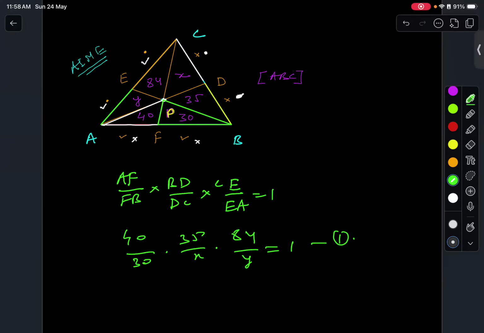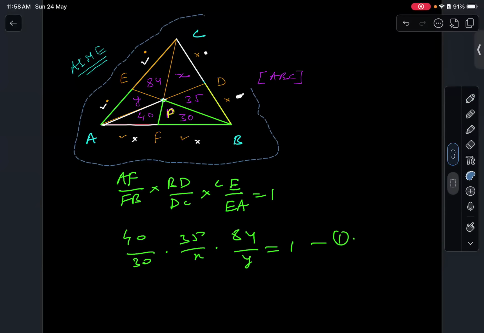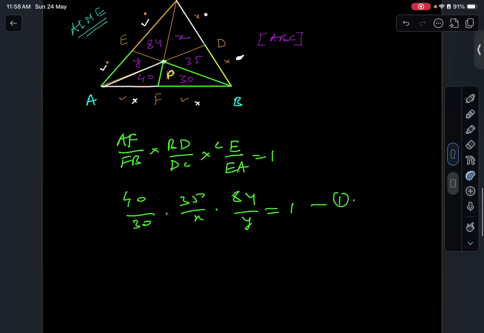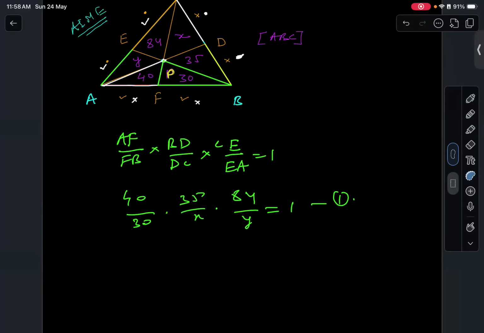The second equation I'll also get from this only. These are very, very simple questions, so you all have to be very careful. We need two equations. So the first equation, x into y, I'm getting from this.